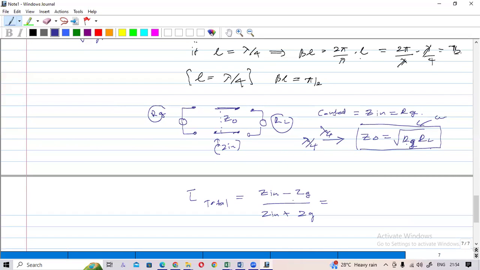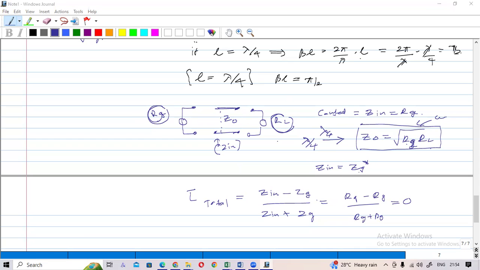If RL and RG are real values, what is the reflection value? Now you equate Z in to Zg conjugate, so Zg conjugate is equal to Rg, and Zg is also equal to Rg. So you will have Rg minus Rg over Rg plus Rg, which is 0. Yes, very good.